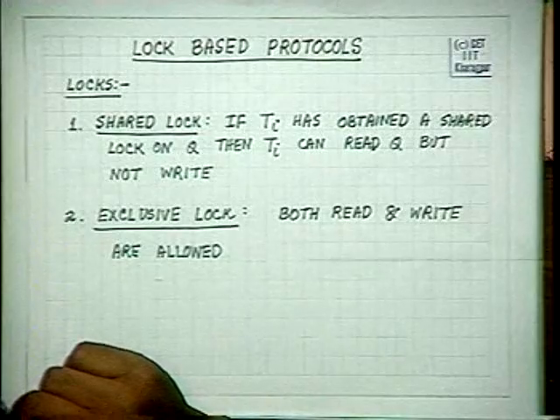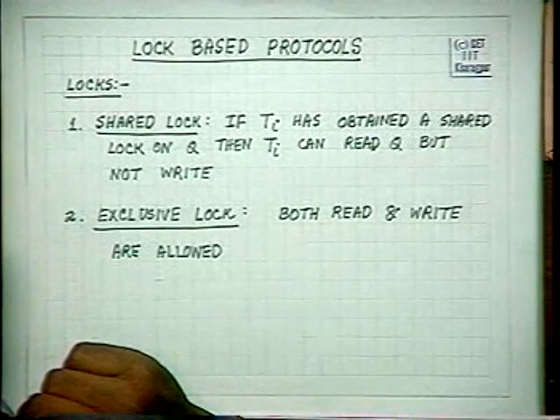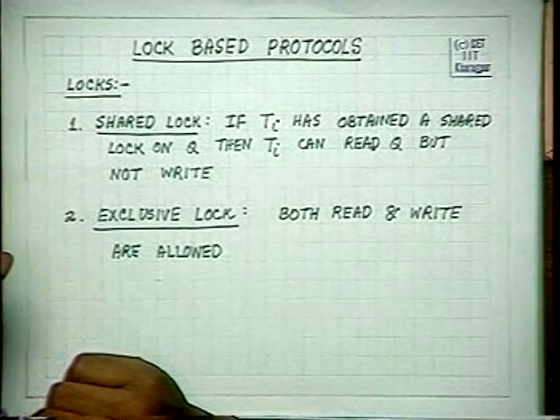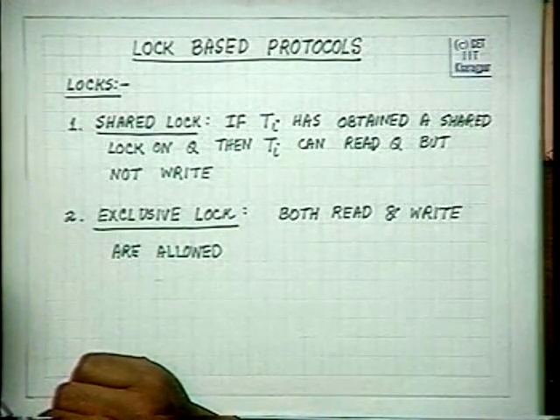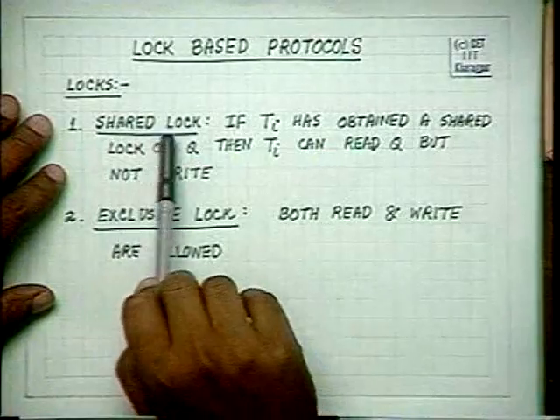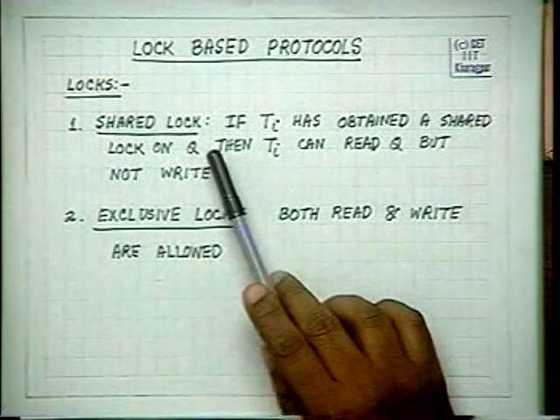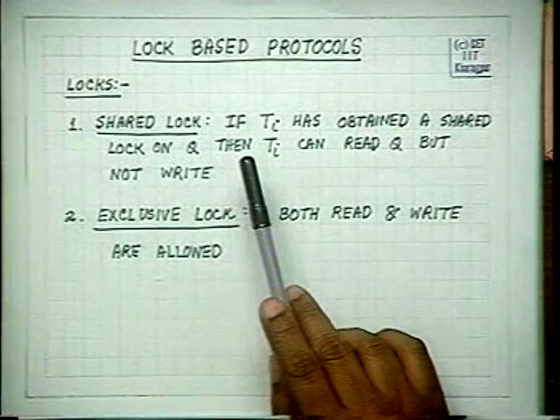For that, you are provided with operations to lock a data item or unlock a data item. During the period in which you have locked the data item to the period in which you have unlocked the data item, no other transaction will be allowed to modify that data item. Now, we have two types of locks. One is called a shared lock and the other is called an exclusive lock. A shared lock has the following properties.